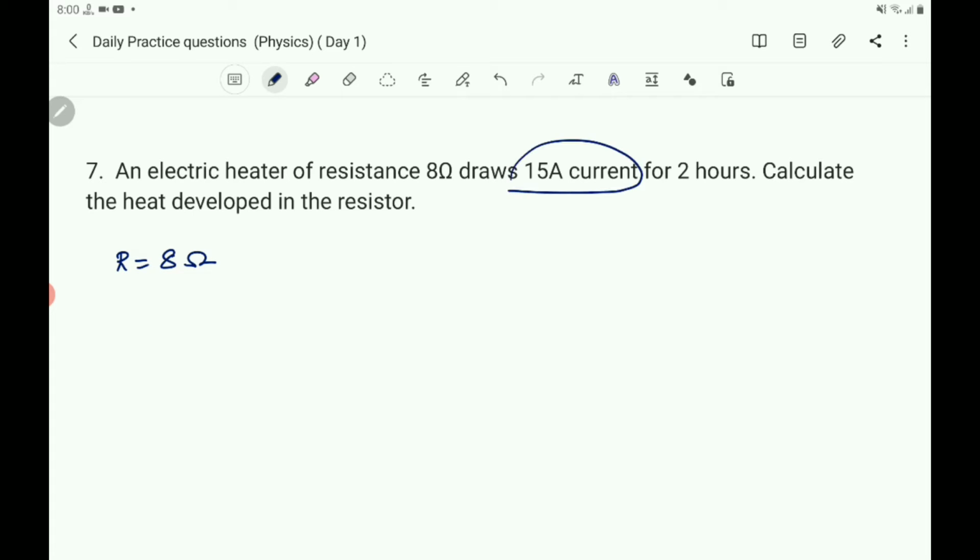Then 15 amps, that is the current I, I equals 15 A. And time T equals 2 hours, that is 2 into 60 minutes, and you must also convert this into seconds, that means 2 into 60 into 60 seconds.